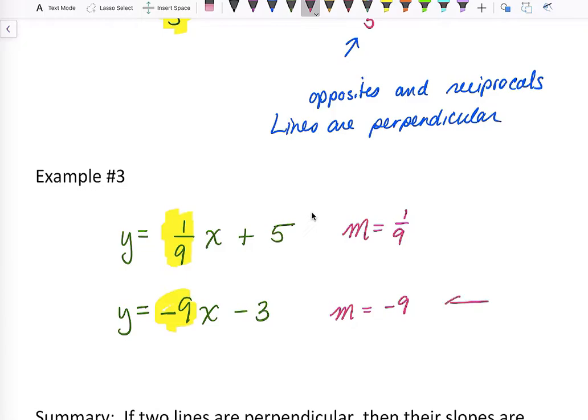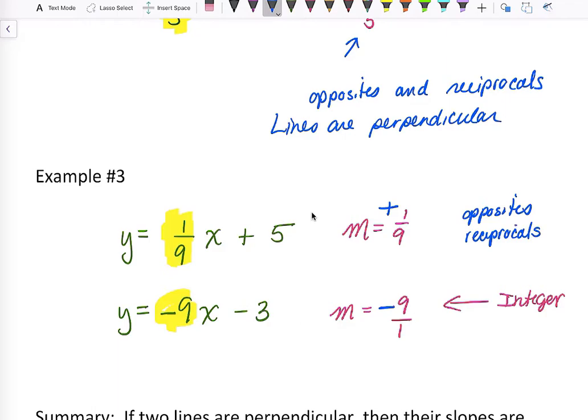Now if you have a slope that is an integer, which is a positive or negative whole number, put it over 1. -9 is the same as -9/1. You can quickly see that this slope is positive and this slope is negative, so they are opposites. And then you can see 1/9 and 9/1 are reciprocals.